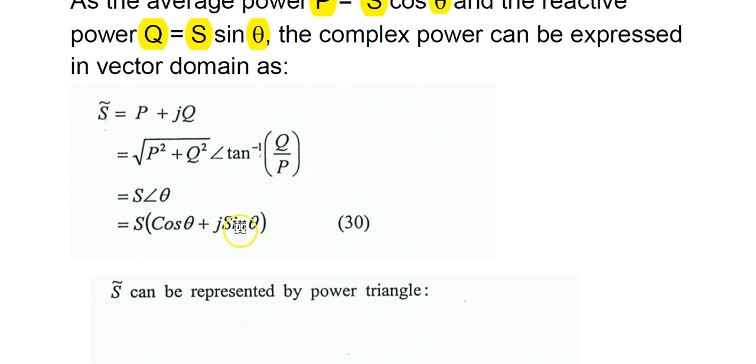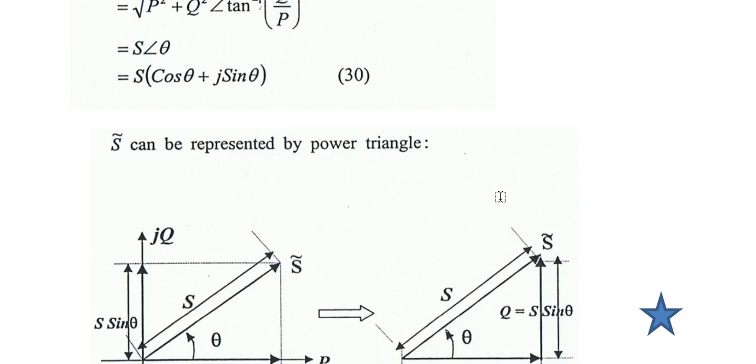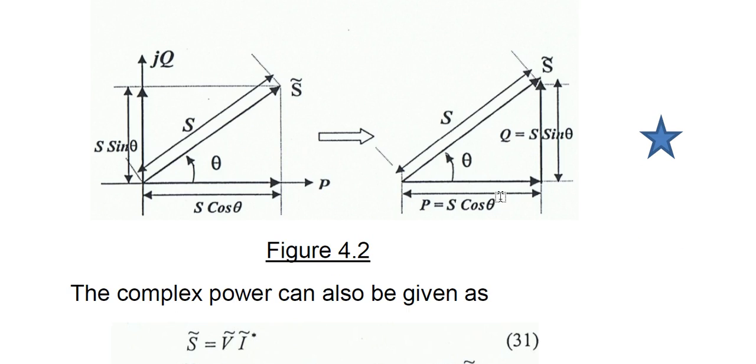They are all related, so we can use this to draw what we call the power triangle. So what is the power triangle? P is drawn in this way, in line with the current, or in the same direction as the current.